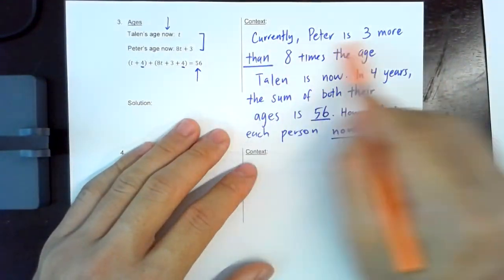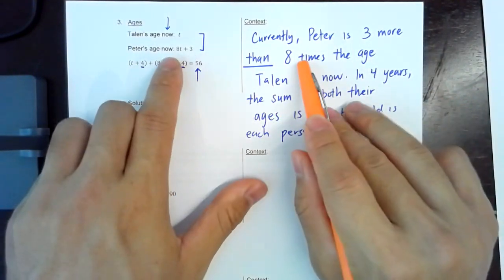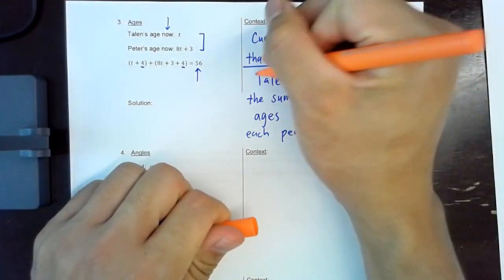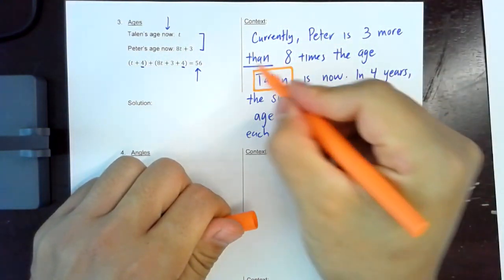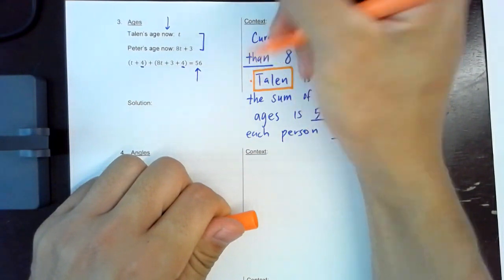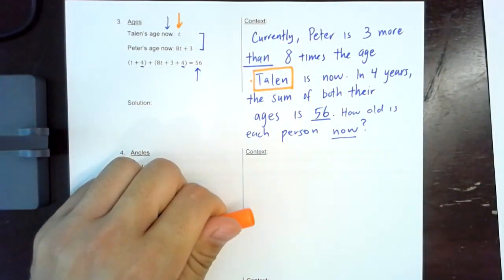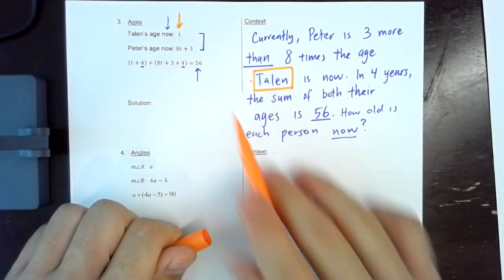We just wrote one sentence. Currently, Peter is 3 more than 8 times the age Talon is. Notice how Talon is the noun after the comparison. So that is a giveaway to tell us that that's going to be our variable. Peter, therefore, is compared to Talon.